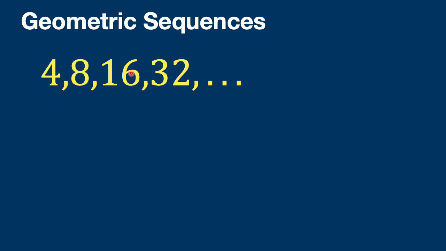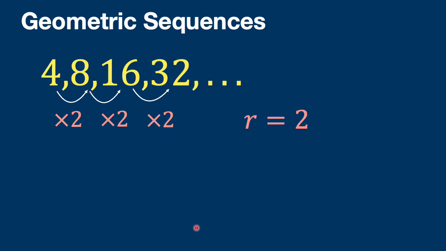What kind of pattern do they have? 4 times what is 8? 2. 8 times what is 16? 2. 16 times what is 32? 2, right? Every single time from the previous term to the next, you multiply by 2. So we call that the ratio, R equals 2, okay?